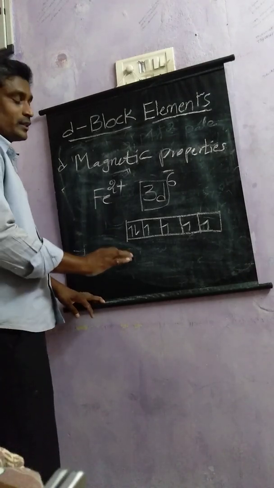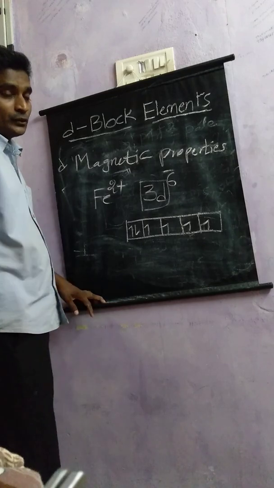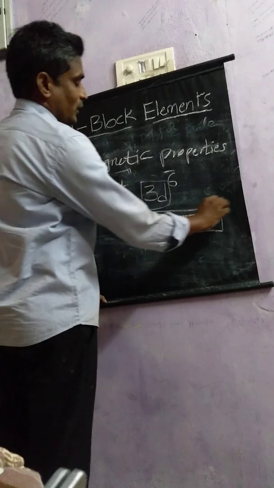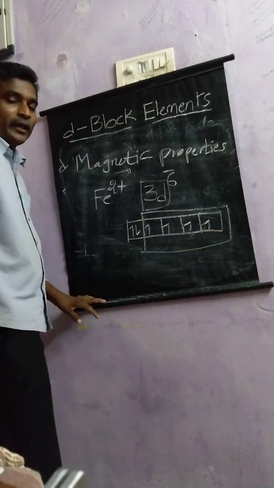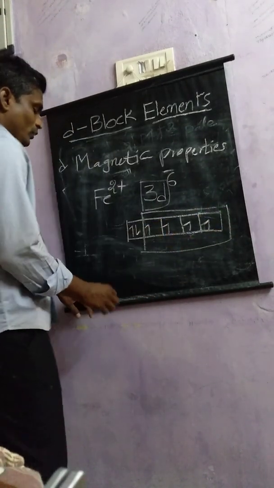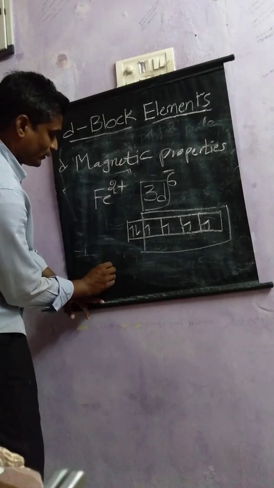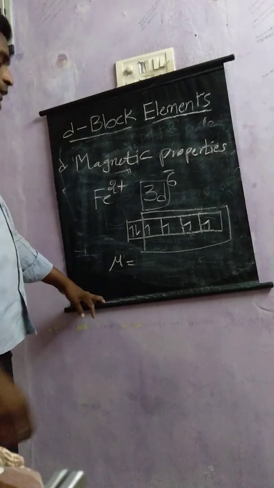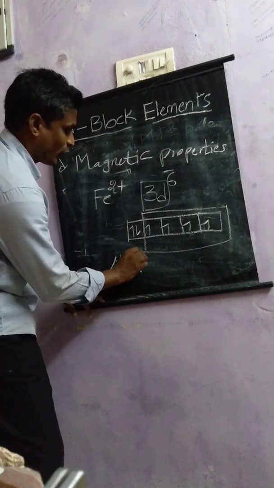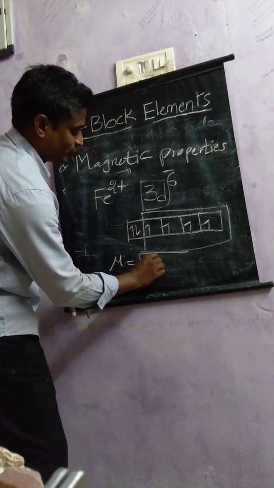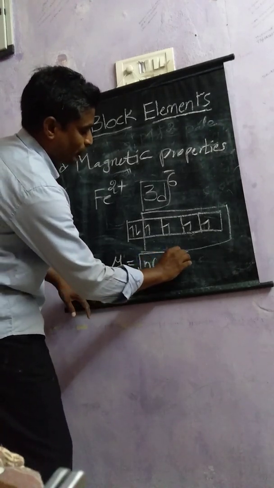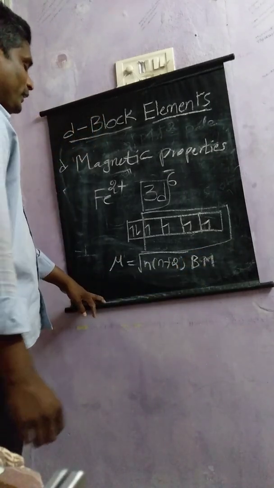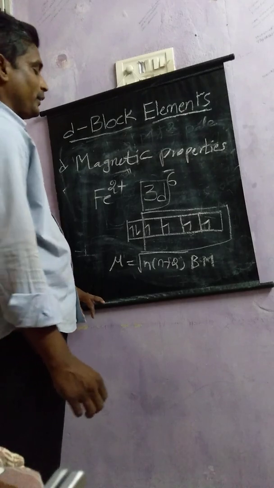So the configuration is over. Let us count how many unpaired electrons there are when iron is in +2 form. 4 unpaired electrons. Now I am calculating the magnetic moment of the Fe2+ ion by using the formula root of n into n plus 2 BM, where n is the number of unpaired electrons.